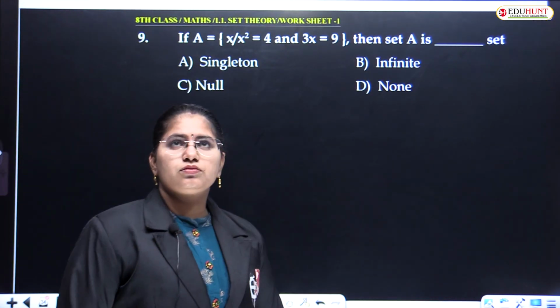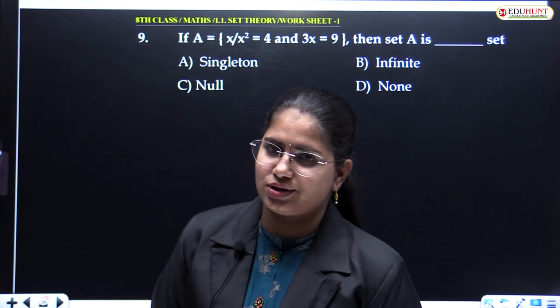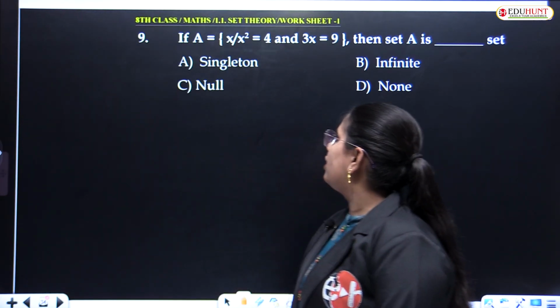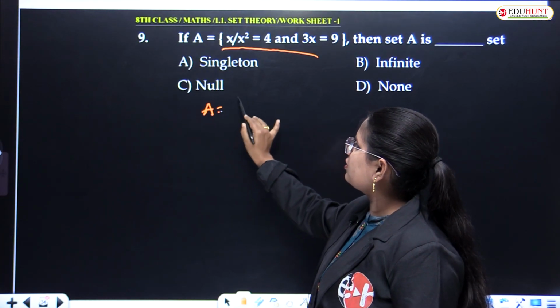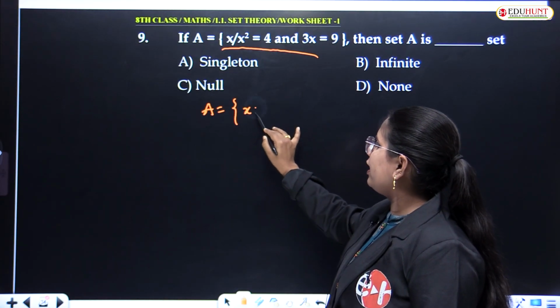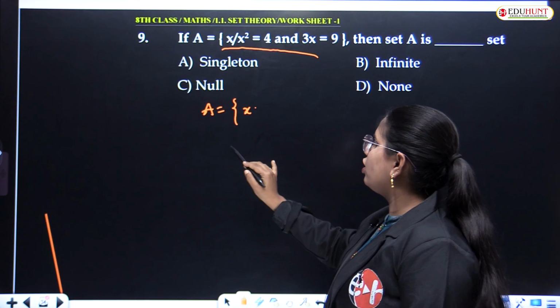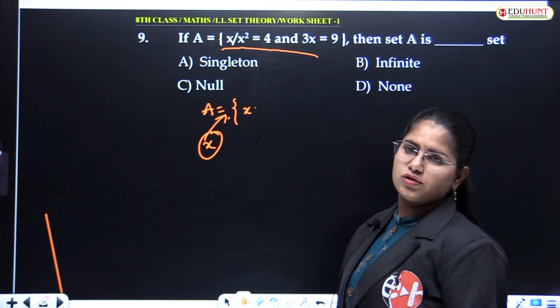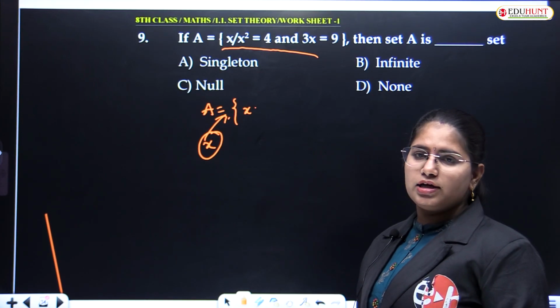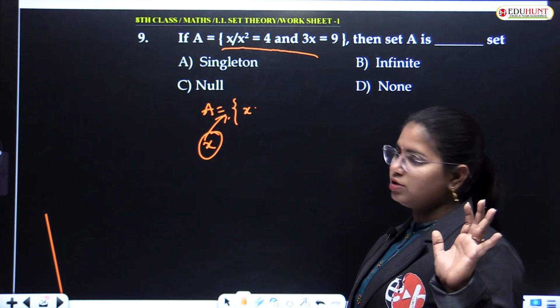What is my ninth question? If A is equal to, you are defining such type of set where x is an element. What are the conditions to become an x in this set? What is the criteria for x to be in A?